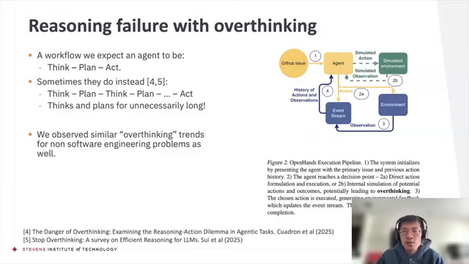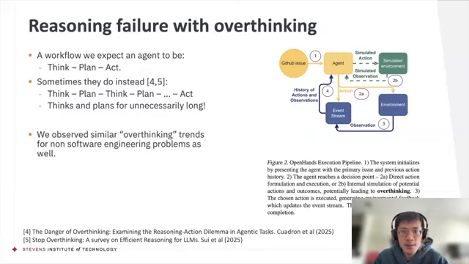But a lot of people realize that the workflow can sometimes go like this: think, plan, and then it goes back to thinking, and then figures out a new plan, and then it goes back to thinking again. So the model thinks and plans for unnecessarily long before it actually goes out into the real environment to act.